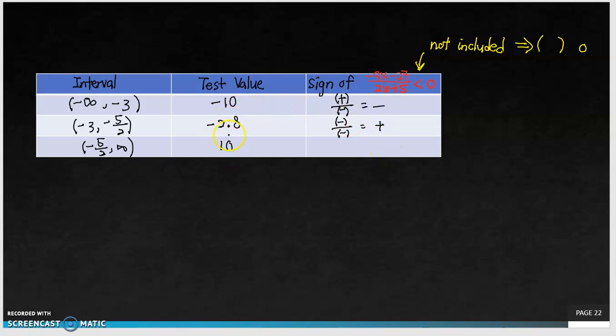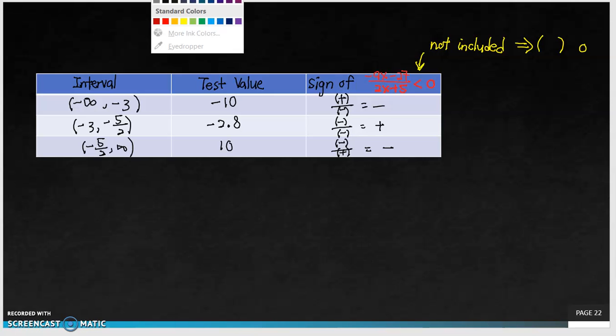Finally, when I substitute 10, negative 9 times 10 is negative 90, minus 27 is negative. The denominator, 10 times 2 is 20, plus 5 is 25, which is positive. So here is negative. Again, you have to remember, substitute the value into x and just take the sign.